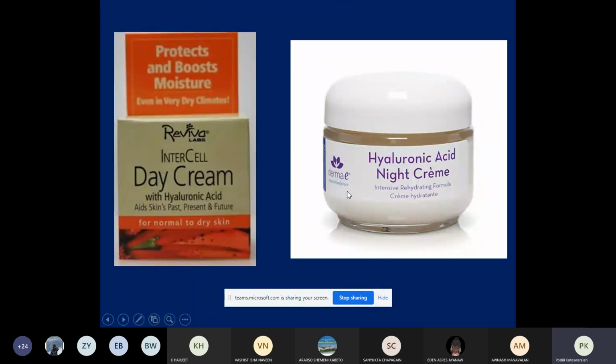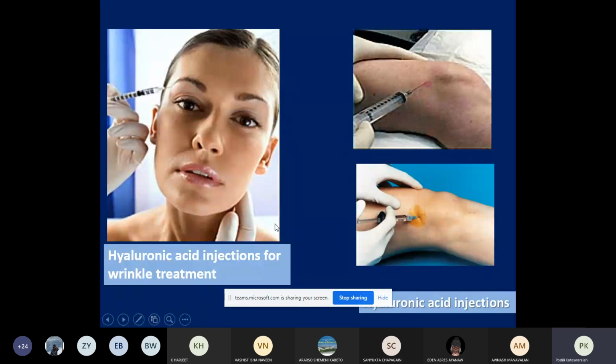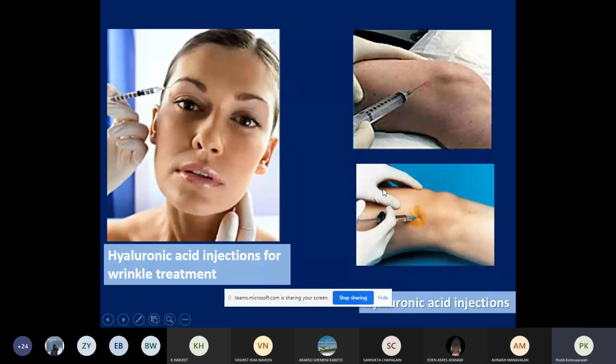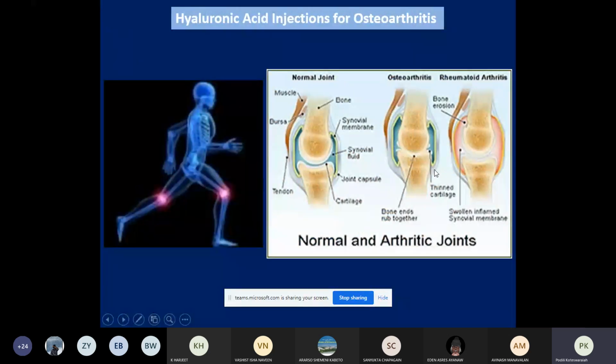It is also used as injections as an anti-wrinkling agent, and as an injectable form for treating osteoarthritis and so on.